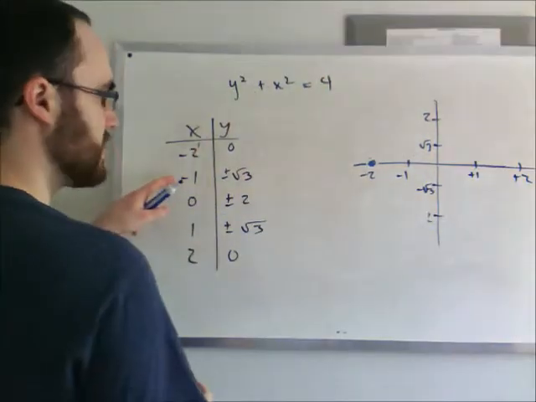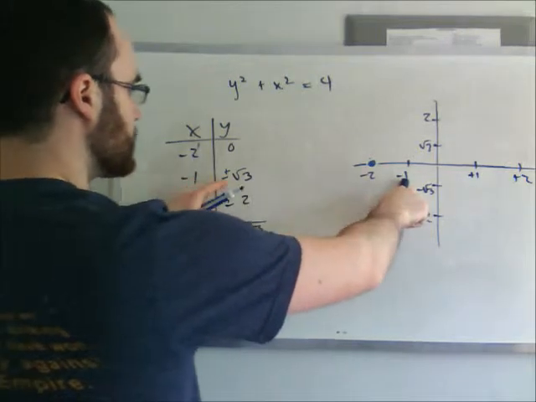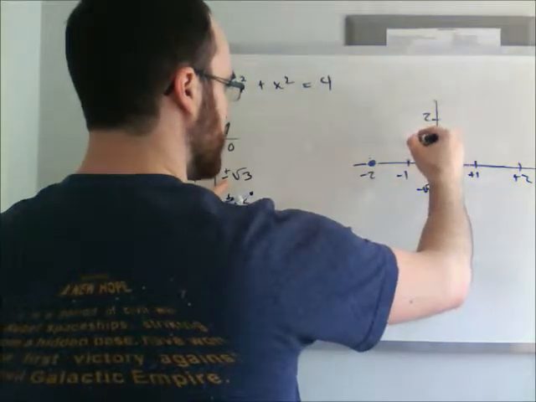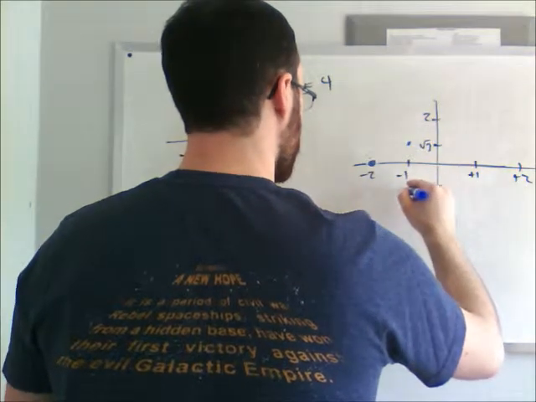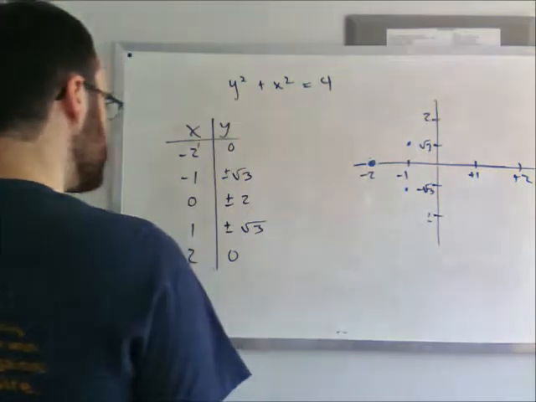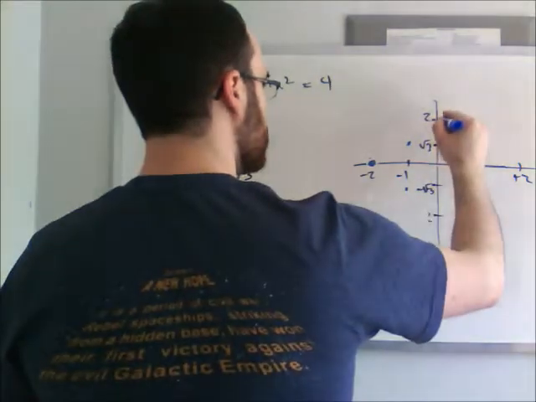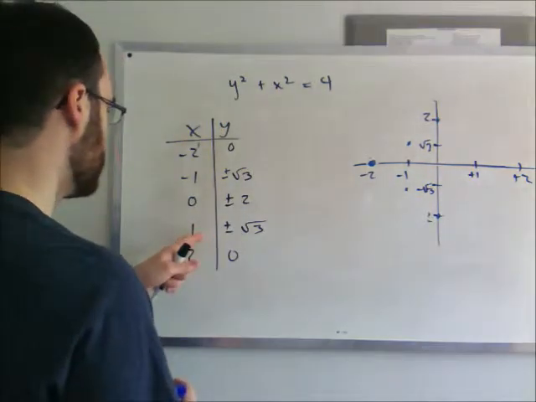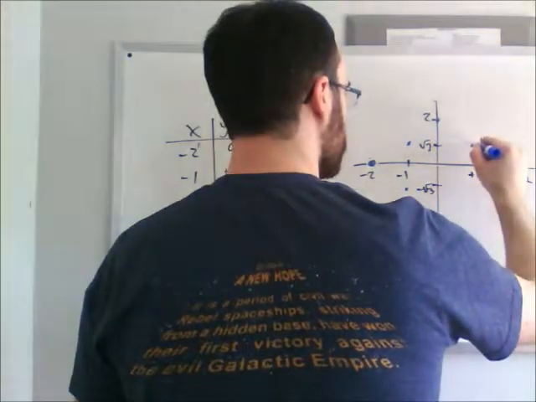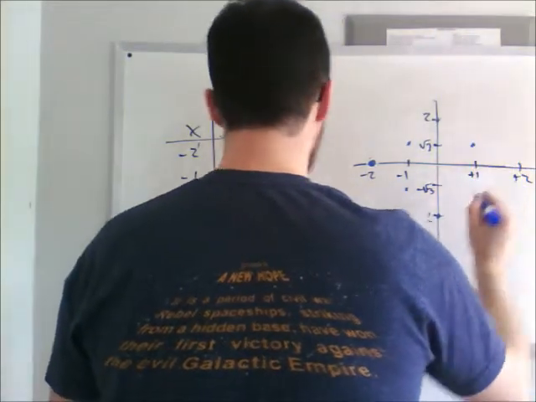So at -1 in the x, which is why I had to change that, is plus or minus √3. So we have a point here and a point here. Now at 0, we're going to have plus or minus 2. So we have this point and this point. And at 1, we're going to have plus or minus √3. And at 2, we're going to have 0.